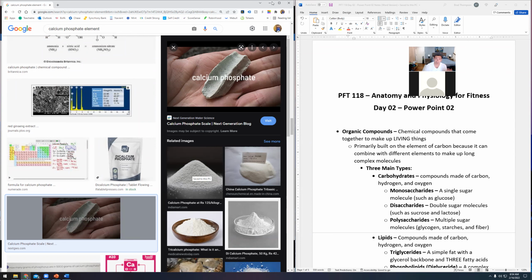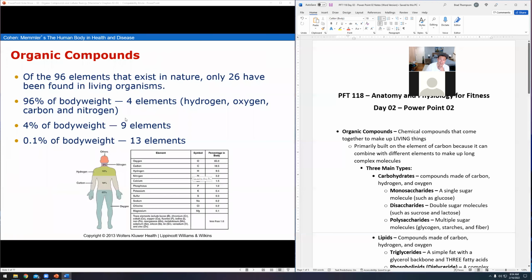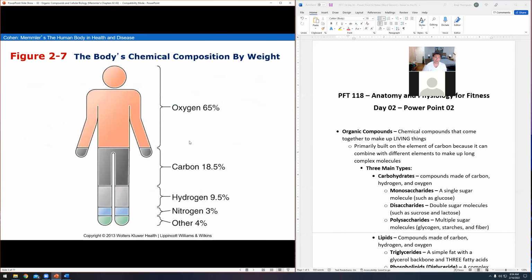So we've got all these inorganic elements making up our body. We need to make sure that they are working chemically in such a way that they lend to us having a full healthy life, right? So again, most of us are mostly oxygen, and a lot of us are carbon. Carbon is what gives those four key elements the skeleton that they need to have a really cool shape, right?